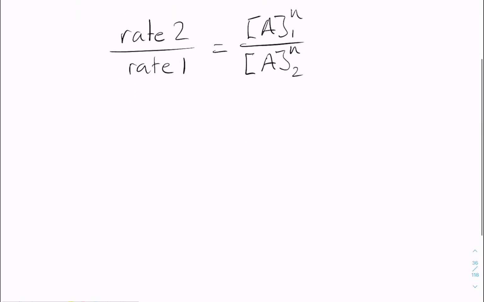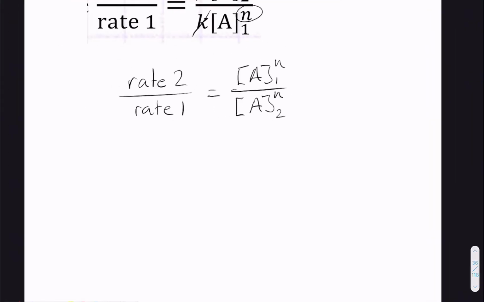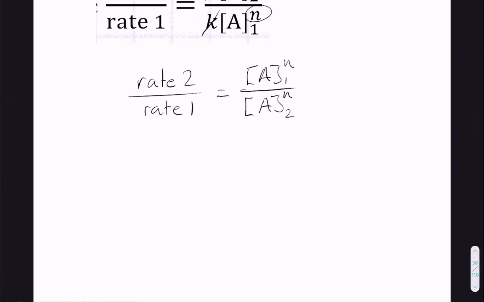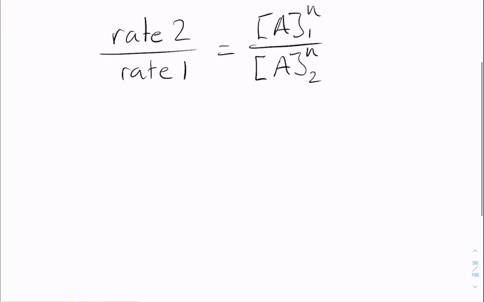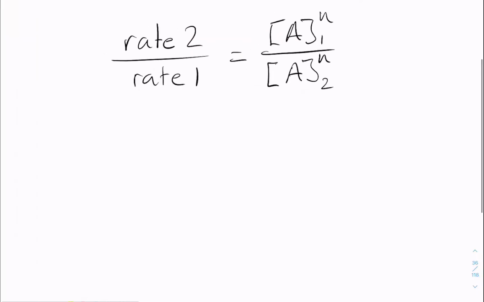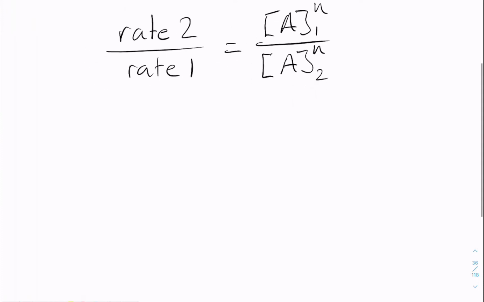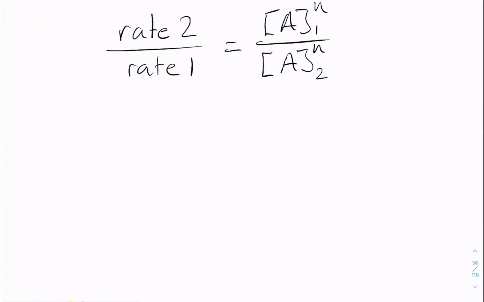So the first trick that you have to use here is a trick with logarithms. You can use the natural log or log base 10. It doesn't matter here. I'm just going to do the natural log because it's easier to write.